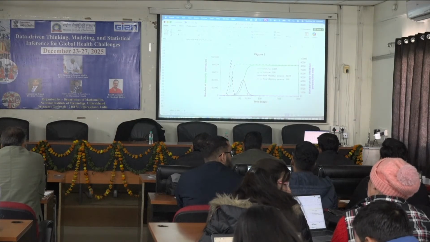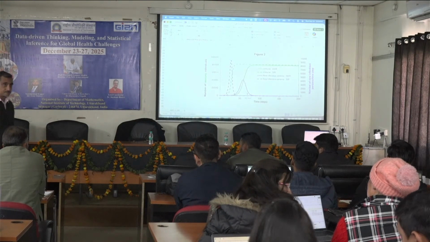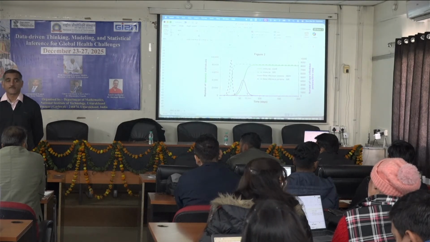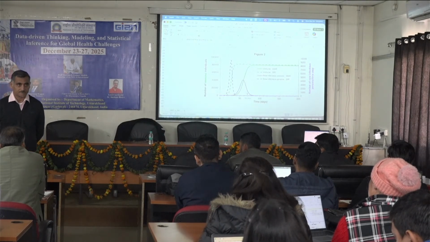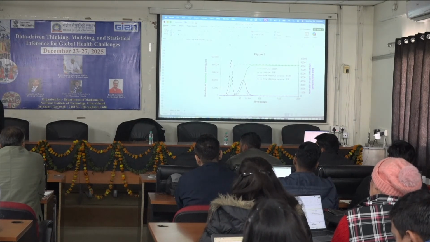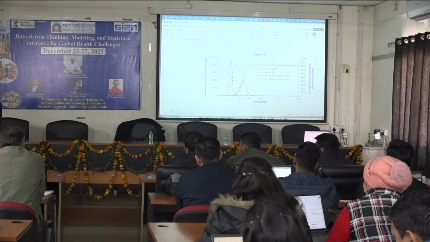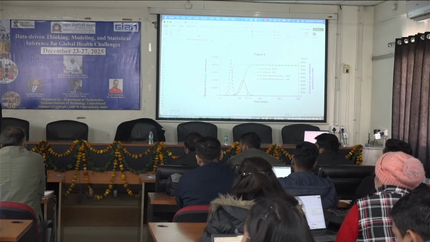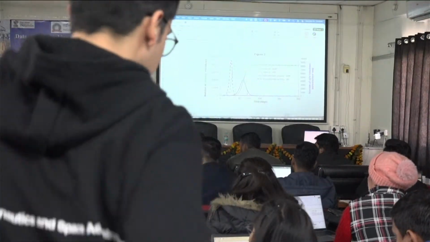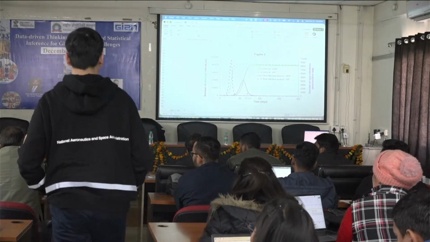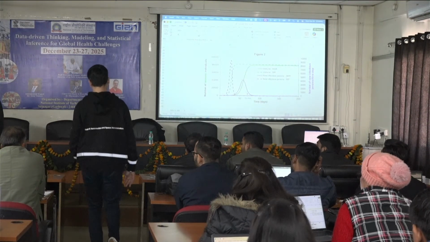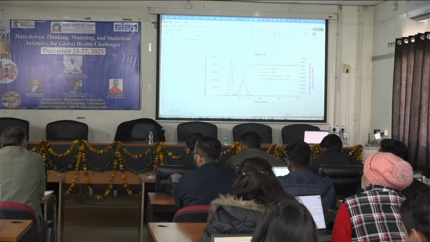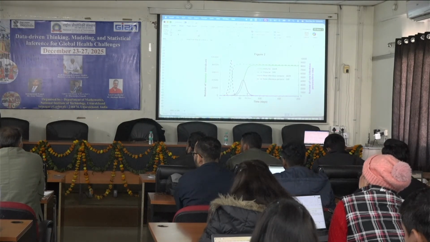See, in the standalone SIR model there is no exposed class. So the exposed class is actually increasing the time. So there is a delay in people getting to the infectious class. Right now, they are holding up people in the E compartment. And in the E compartment, they are not infecting.